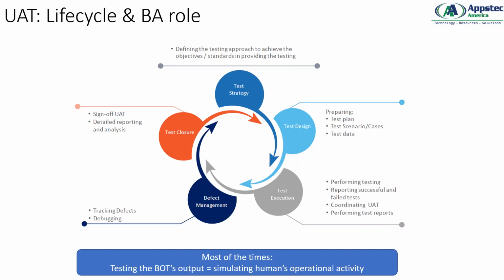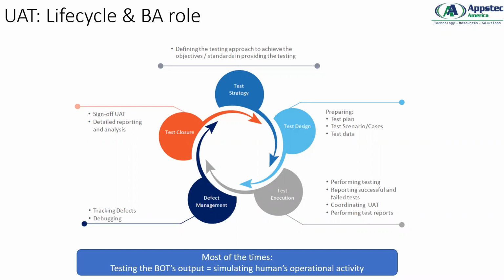The test strategy defines how the testing is going to happen, what the testing objectives and standards are, how we document all the test cases, and how we categorize the testing and the use cases. So your entire UAT strategy gets defined in this first phase.